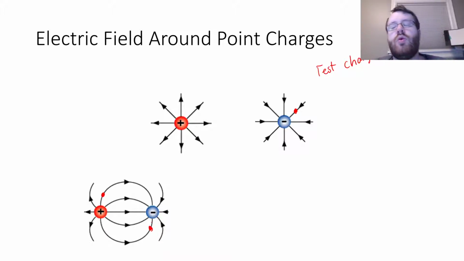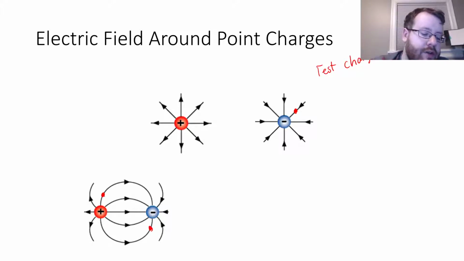Now, there is one important misconception that always comes up with these, and it's one that I had for a very long time, and it's what these lines are showing you. These lines are showing you which direction a test charge would get pushed. It is not showing you the path that a charged particle would take.